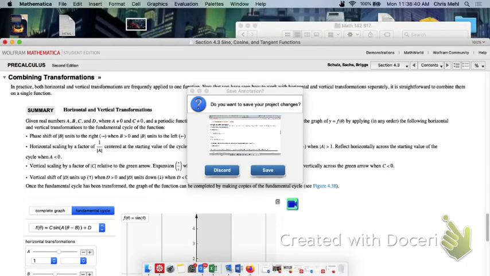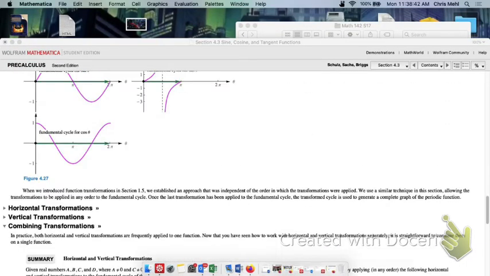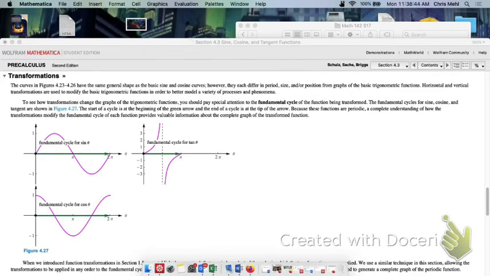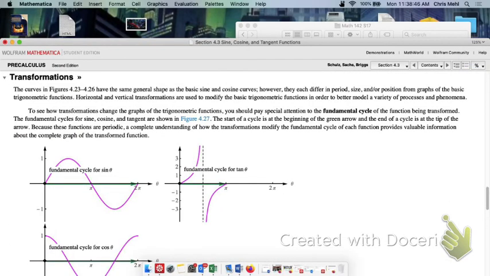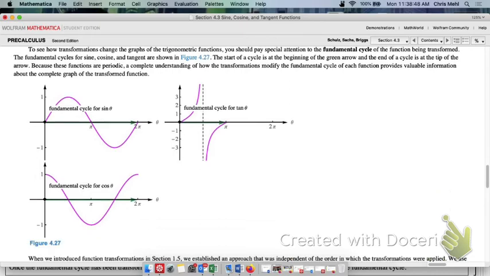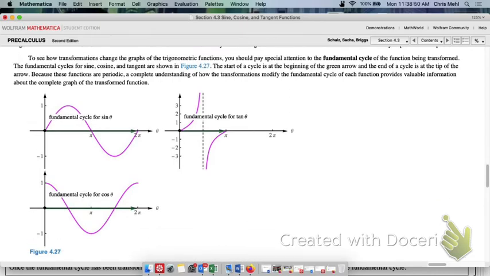So let me open up the textbook. Here we go. Make sure to look at this page about what are called fundamental cycles. On the top left, you have the fundamental cycle for sine theta, which is the graph of sine from 0 to 2 pi. The fundamental cycle for cosine is also from 0 to 2 pi.